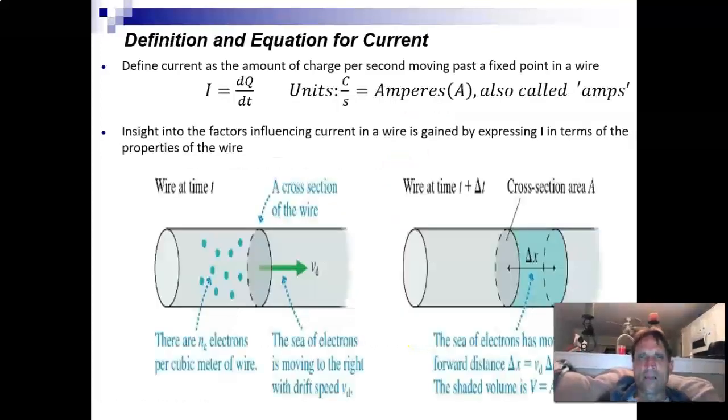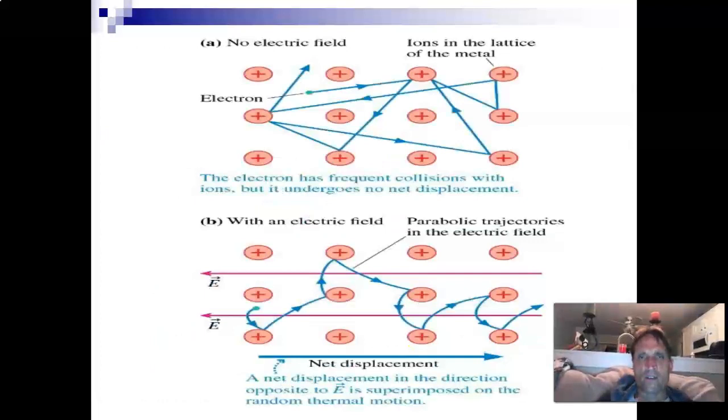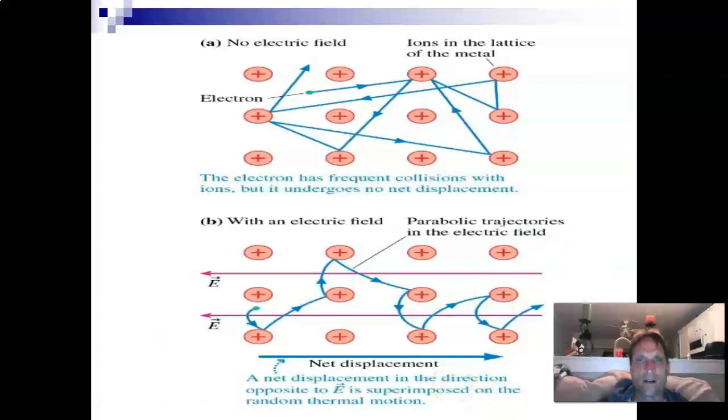And we'll see later that the drift speed depends on two things. If you go back to our analogy of the drunk in the bar smashing into people and yet migrating toward the door at the end of the night, you're going to get a larger drift speed if you're not colliding as often, right? So the time between collisions will make the drift speed faster because you're not spending as much time smashing into ions.